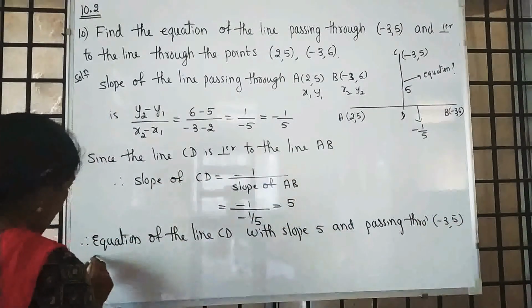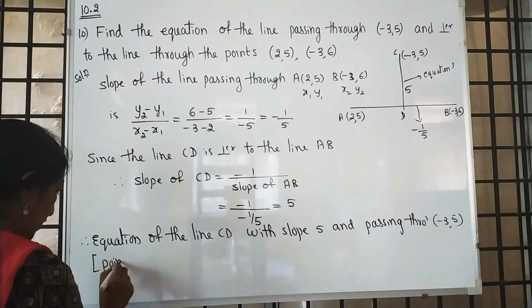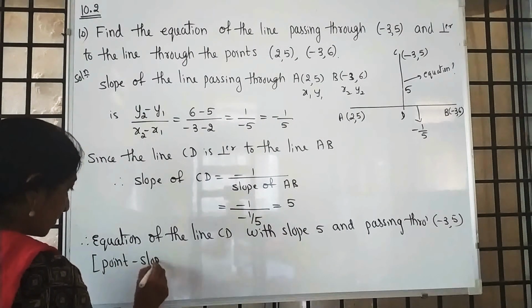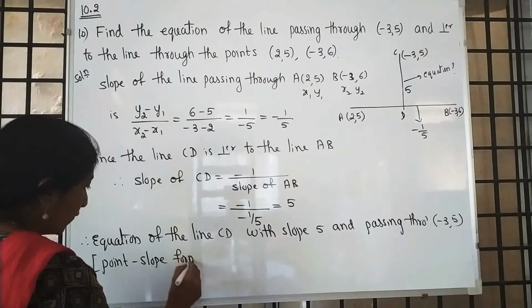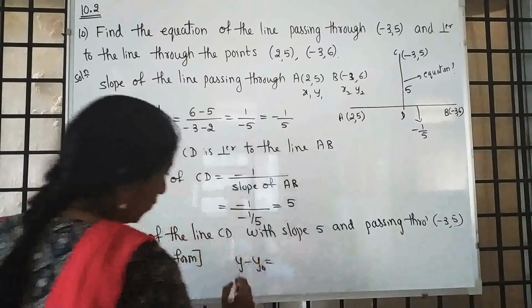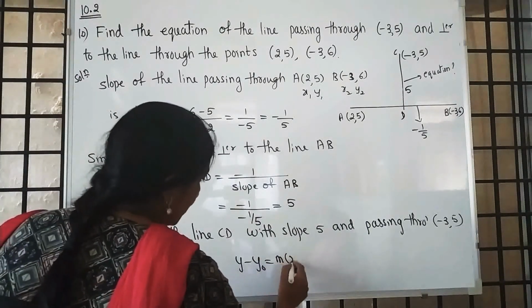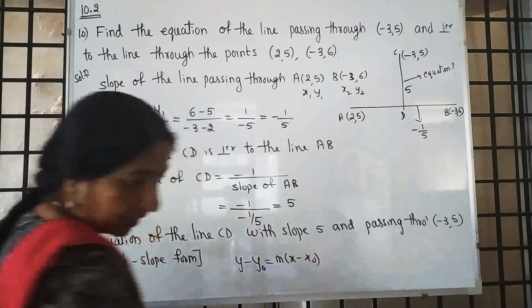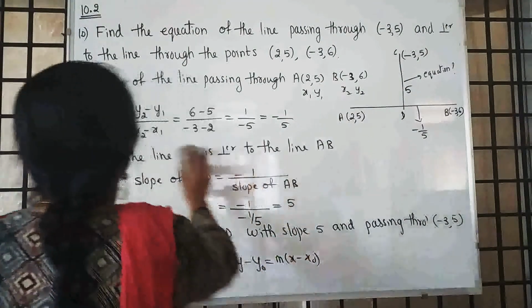Point slope, 1 point, 1 slope. Have you remembered the formula? Yes. Y minus y naught is equal to m into x minus x naught. Write down those values.